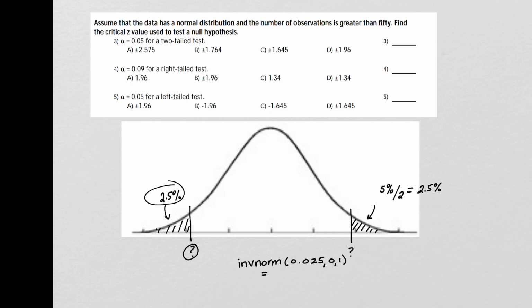And this gives me a negative 1.96. So I can put that here. And then that means in the other tail, my critical value is positive 1.96 because of the symmetry. We're using the standard normal distribution. So that's plus or minus 1.96.